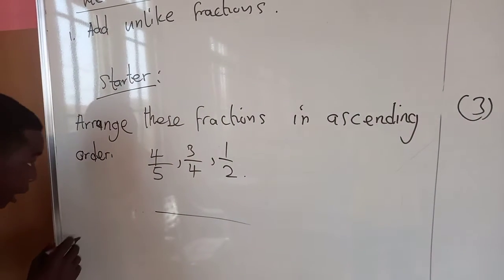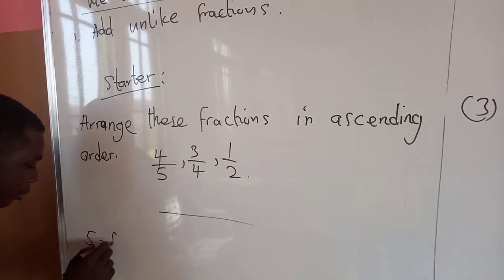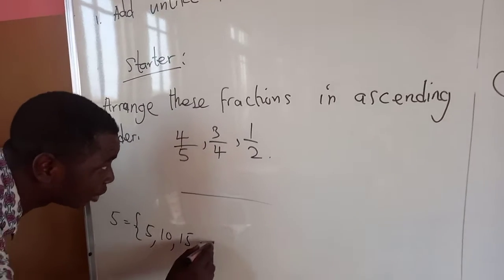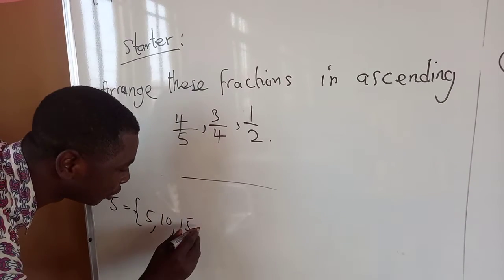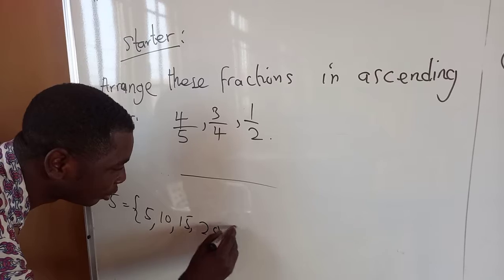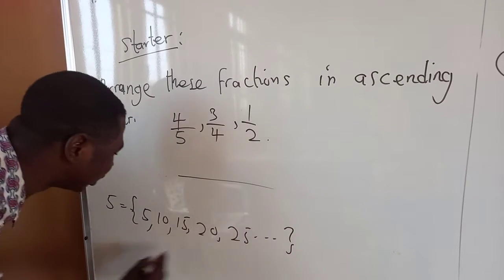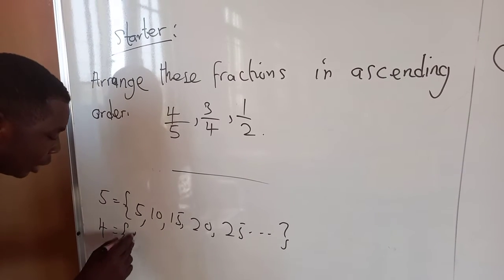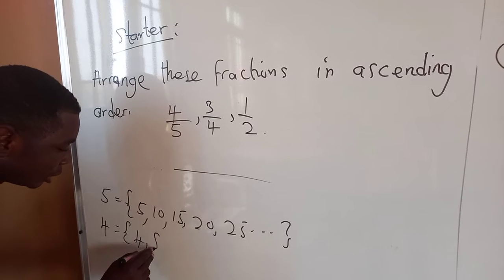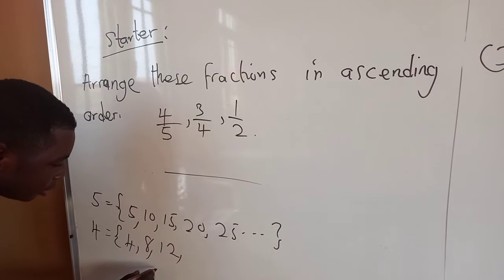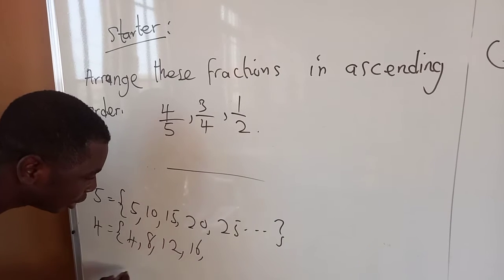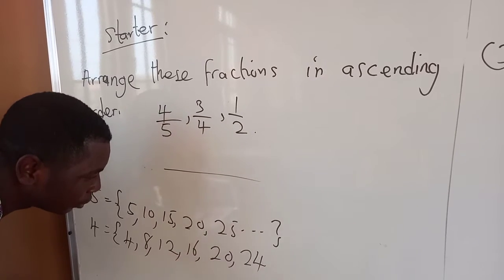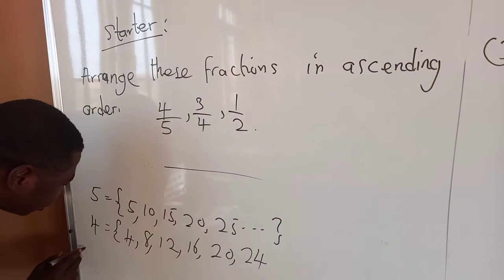The last time we learned that we have to find the multiples of the denominators. Multiples of 5 are 5, 10, 15, 20, 25. Then we take 4: 4, 8, 12, 16, 20, 24.